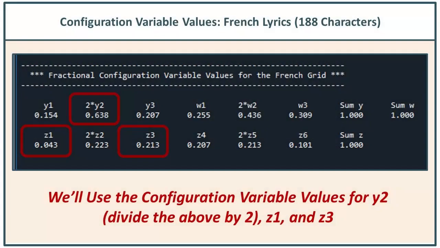Here's the output when we run this little snippet from the French language into the system, and we see that 2 times y2 is 0.638, or y2 is about 0.37, and isn't that interesting?